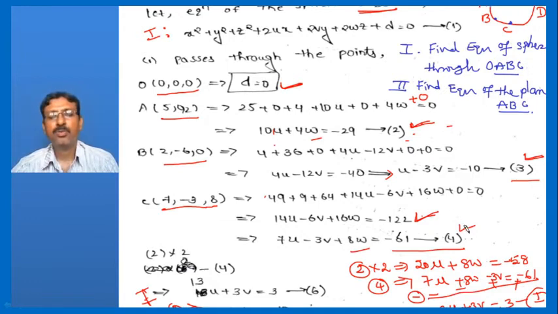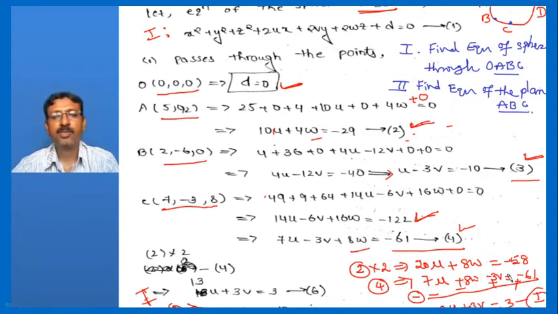Now we solve equations 2, 3, 4 to find the values of u, v, w. Observe that in equation 2 we have u and w, in equation 3 u and v, and in equation 4 we have u, v and w.